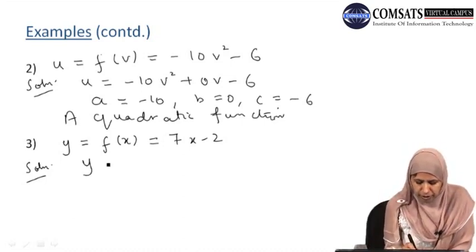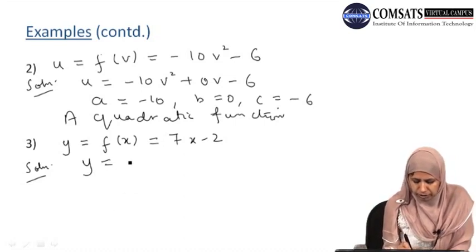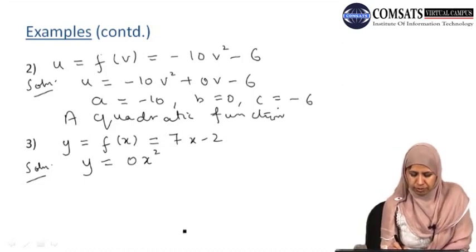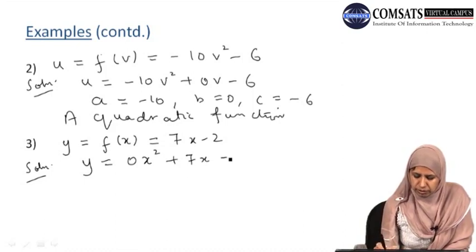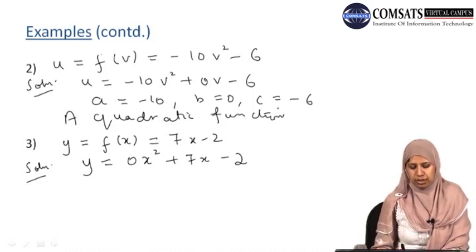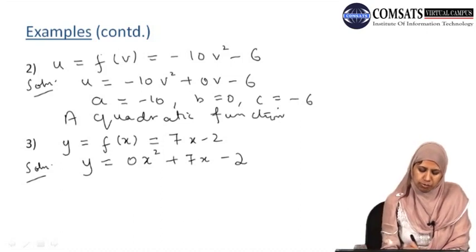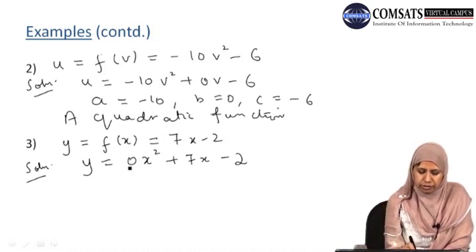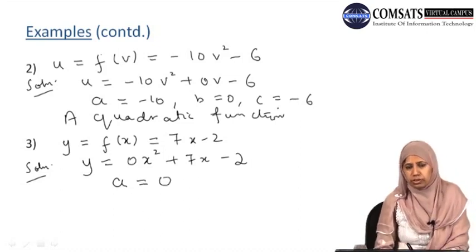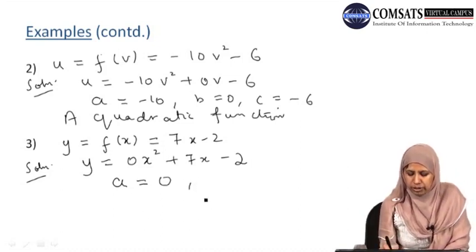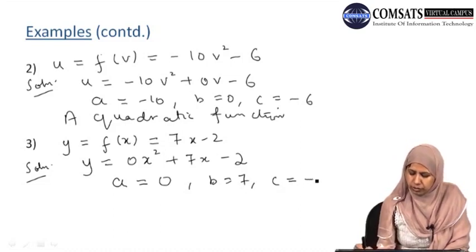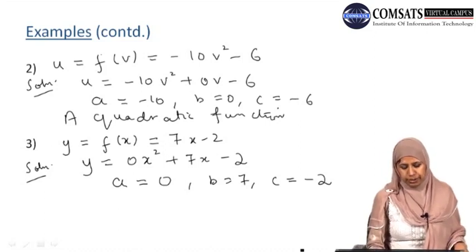We can write our y as 0x square plus 7x minus 2. And comparing it with the general form, we obtain that the coefficient of x square, which was a, is equal to 0, b is equal to 7, c is equal to minus 2.